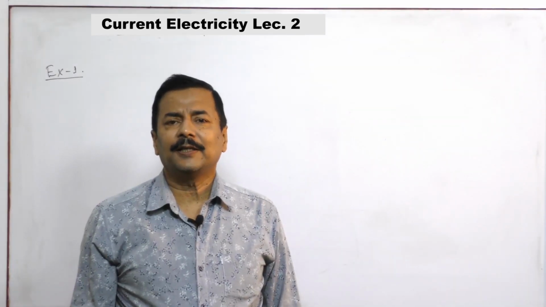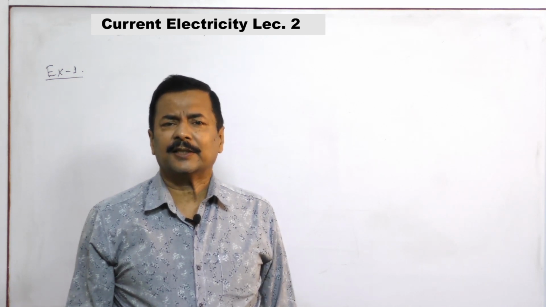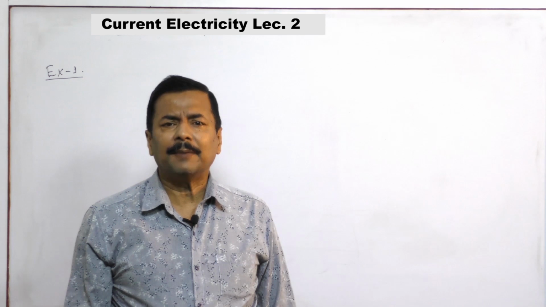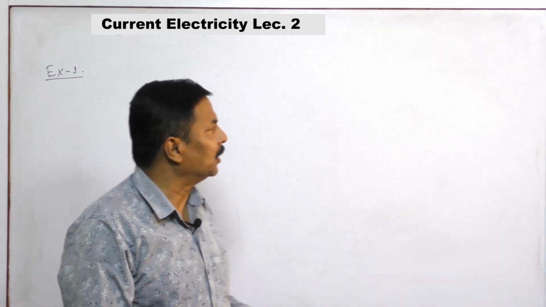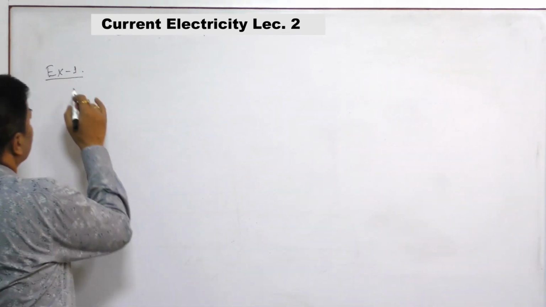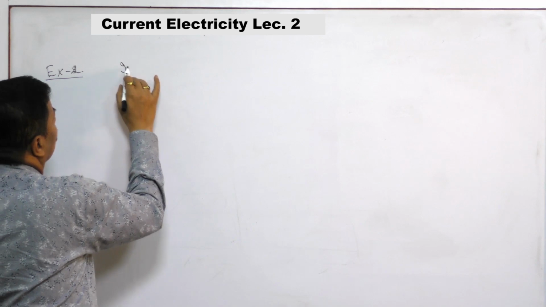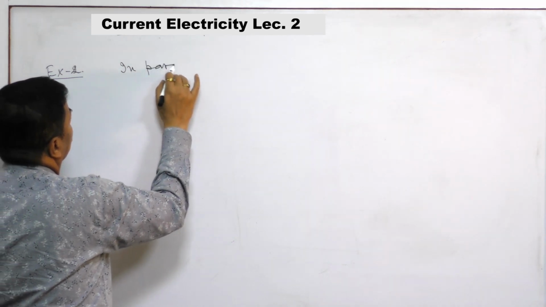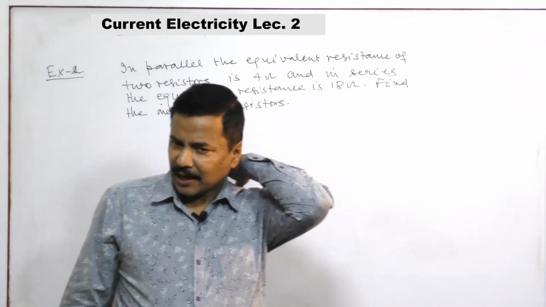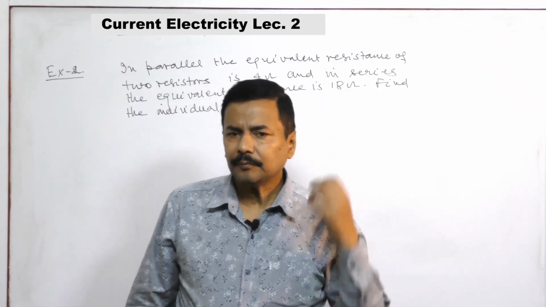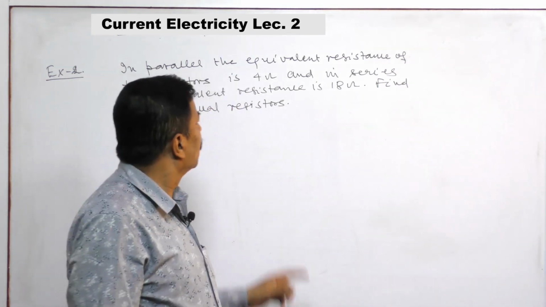So we have seen the basic problem, and in the basic section only I will give you a simple question that is based on the basic concept only. What is that question? Second, in parallel, here try to understand in this question what is given.